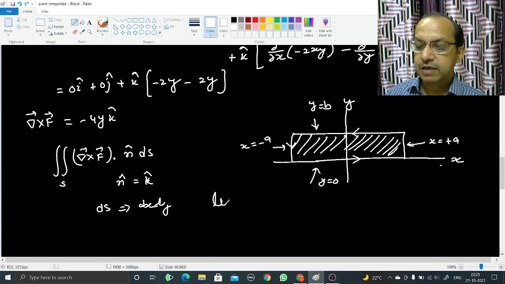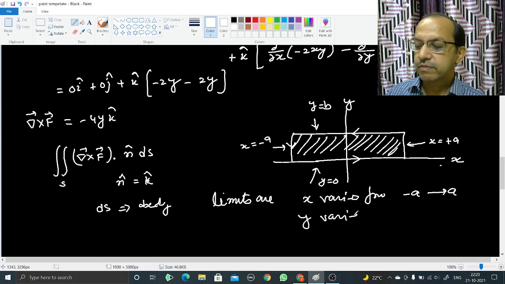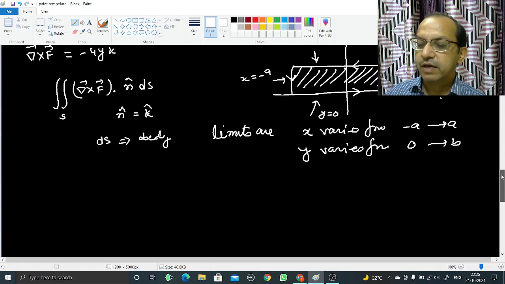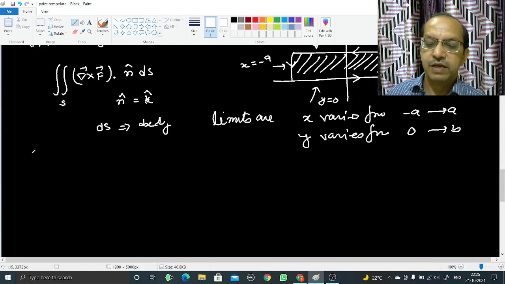So we will evaluate this integral with these values, that means x equal to minus a to a, y equal to 0 to b.